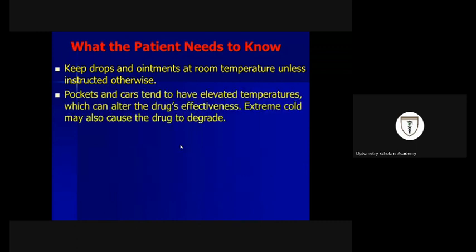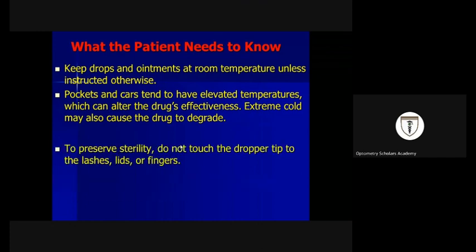Pockets and cars tend to have elevated temperatures, so this can alter the drug effectiveness and degrade your drug. So don't put your drugs in your car or in your pockets or inside a box or anything that can increase the temperature. Extreme cold temperature can also degrade a drug. That's why it's good to store in a normal room temperature, within 30 degrees Celsius.